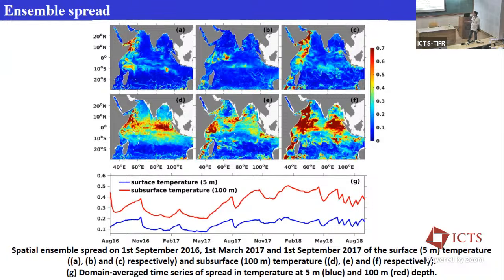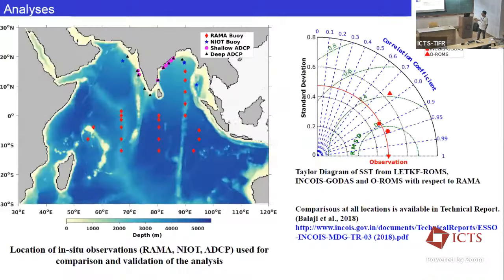It is maintaining a steady value after all we have done with the mixing schemes and so on. These are the kinds of analysis to show how this system behaves.